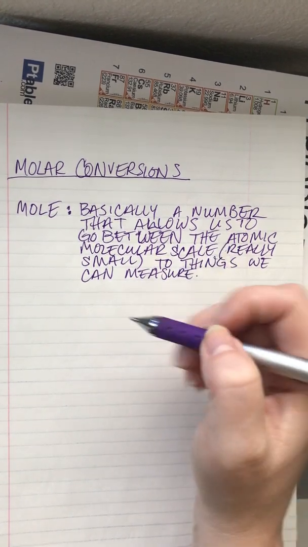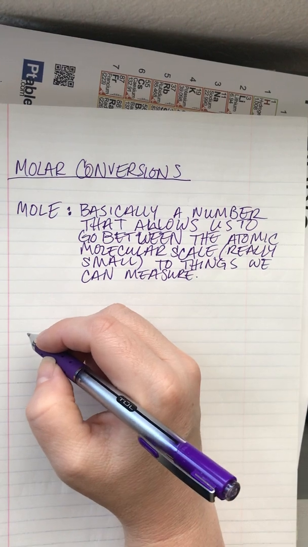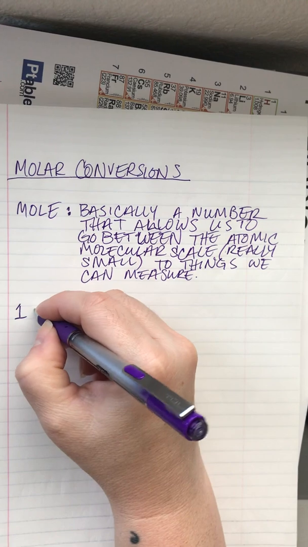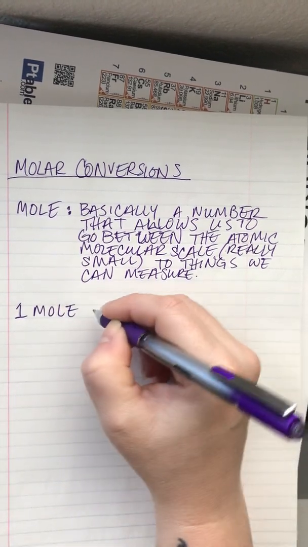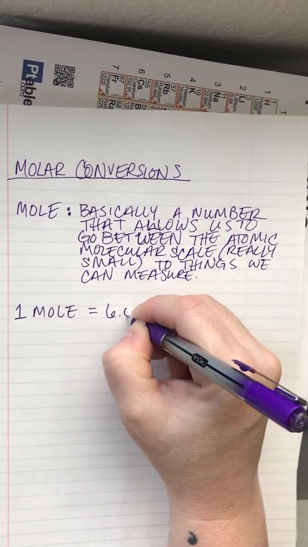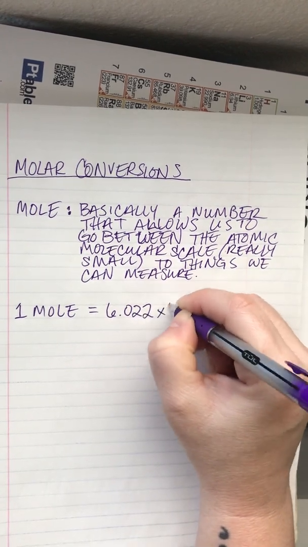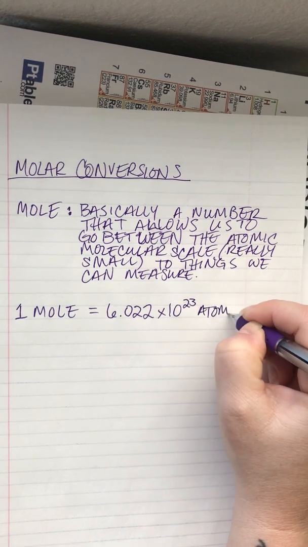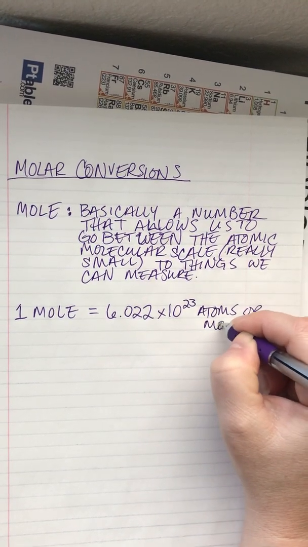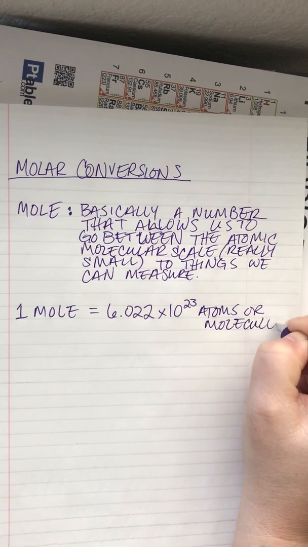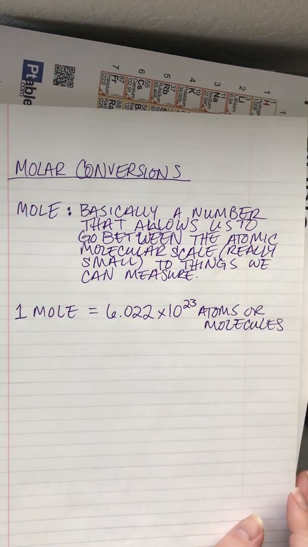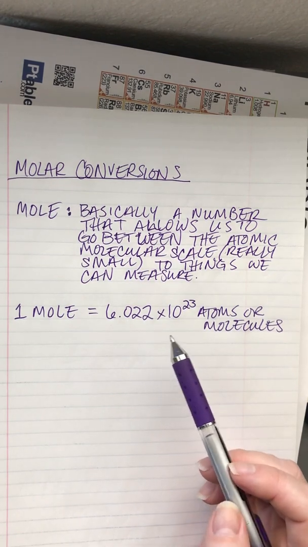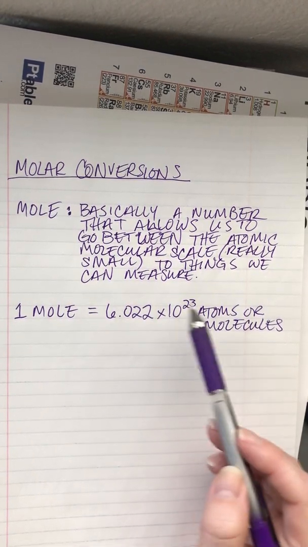So in terms of the scale jump that we're talking about, this quantity, a mole, is equal to 6.022 times 10 to the 23rd atoms or molecules. I think the book gives a really good example of the scale of this number.